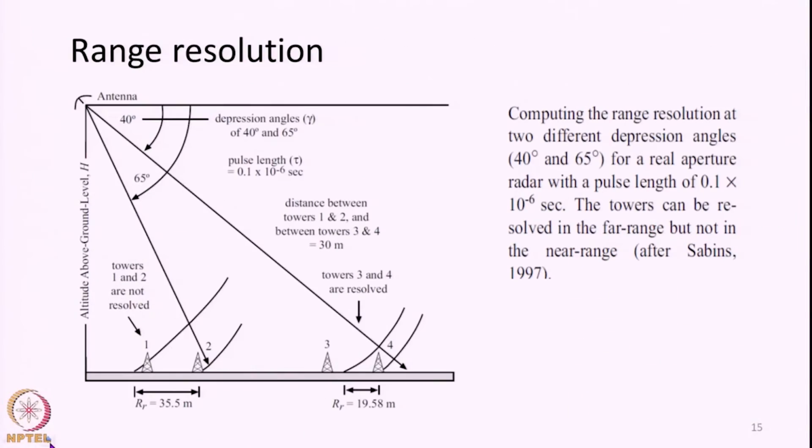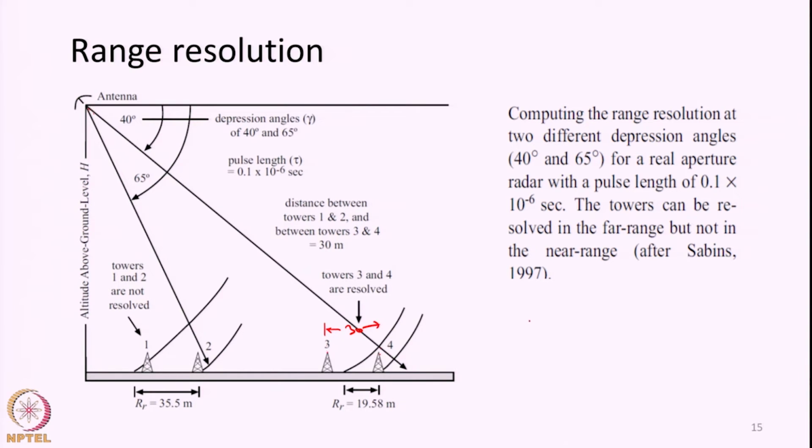Maybe I will explain with this particular example. Say here we have two towers, let us say tower 3 and 4. Horizontally on the ground they are separated by a distance of 30 meters. This is the horizontal distance between them. On a slant range, the radar system measures slant range to tower 4 and measures slant range to tower 3.